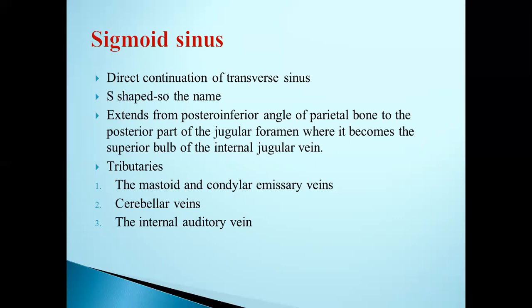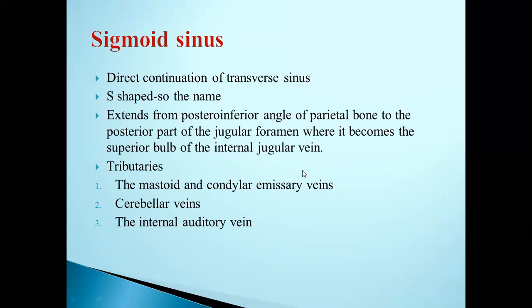It extends from posterior inferior angle of parietal bone to the posterior part of jugular foramina. So one of the important structures passing through jugular foramina is internal jugular vein. So this sigmoid sinus will continue as an internal jugular vein in the neck.